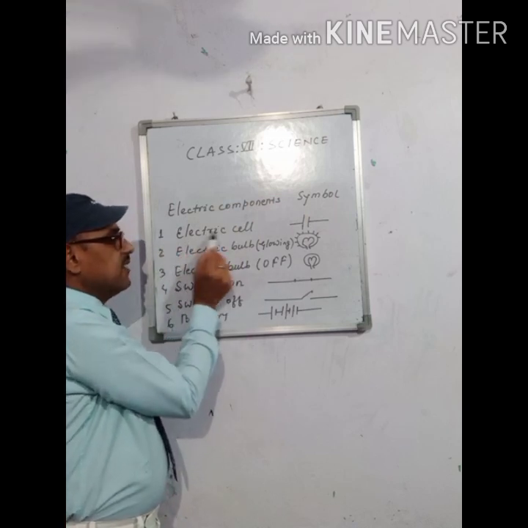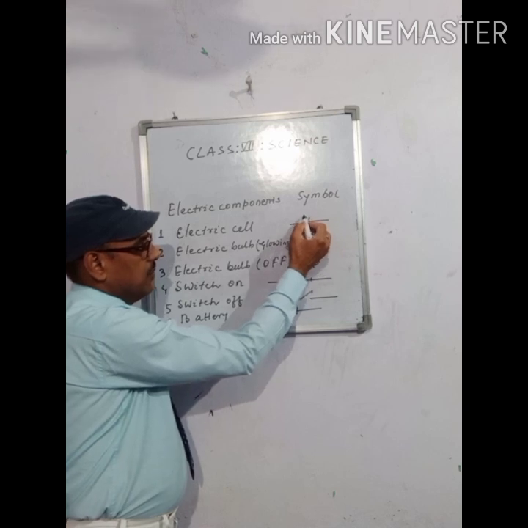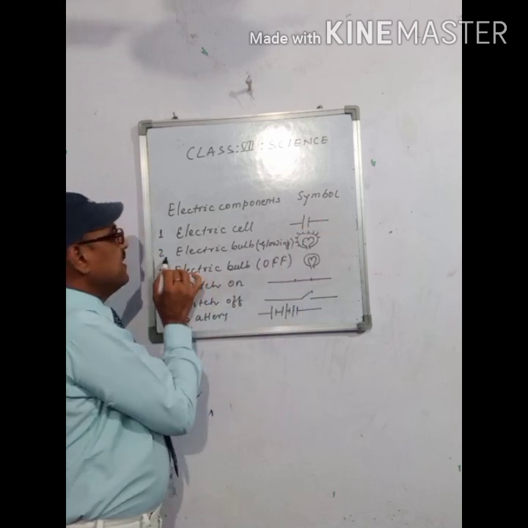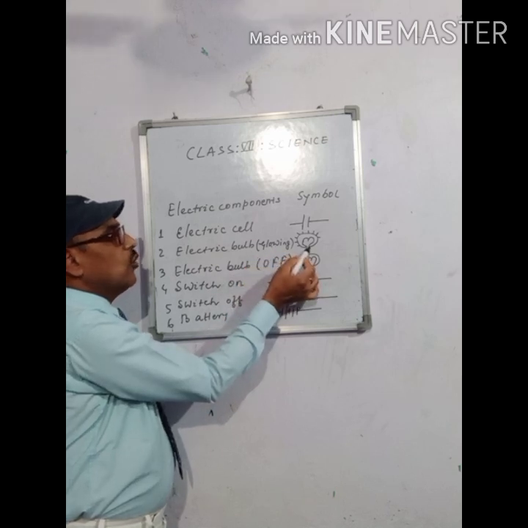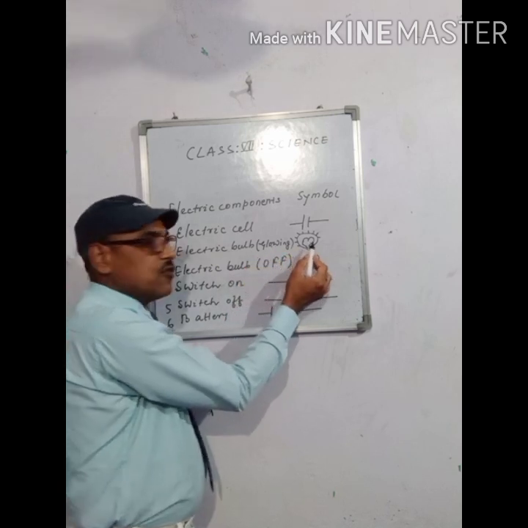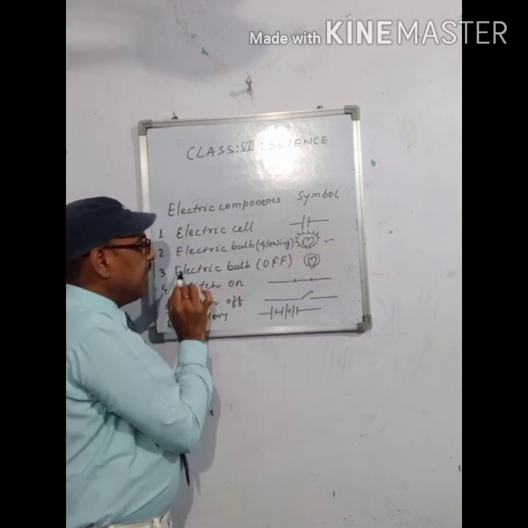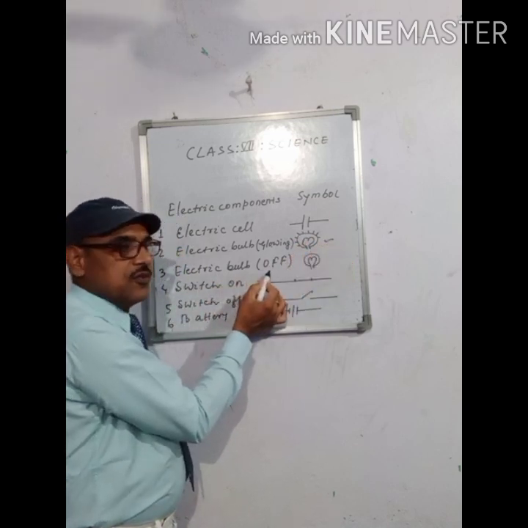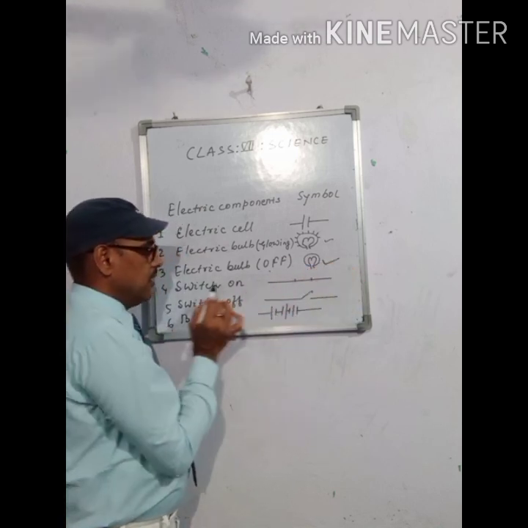First is electrical cell. Electrical cell is denoted by this symbol. Second is electric bulb, on, that is glowing. Glowing electric bulb is shown by this symbol. Electric bulb, off, is denoted by this symbol.